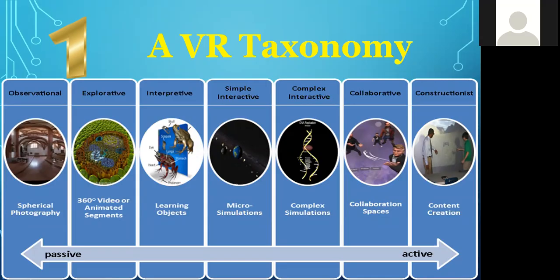So to show you some of the range of possibilities for using virtual reality, it ranges from the left side of your screen, from passive use, to the right side of this continuum, or active use, increasingly active.